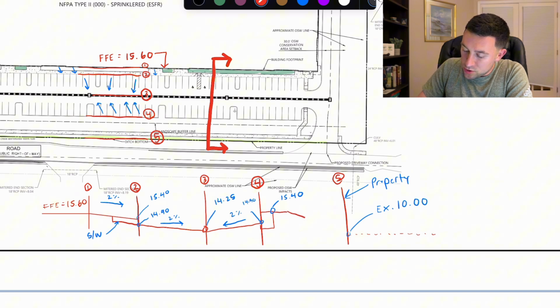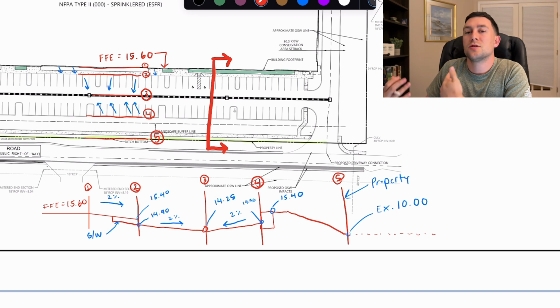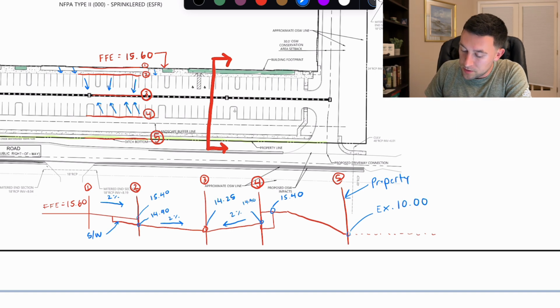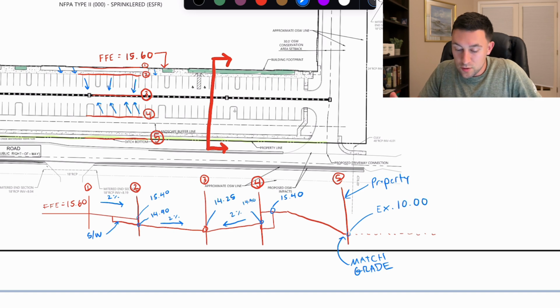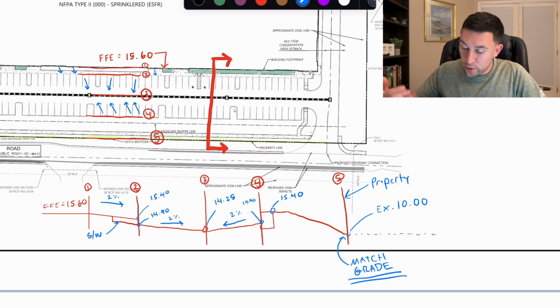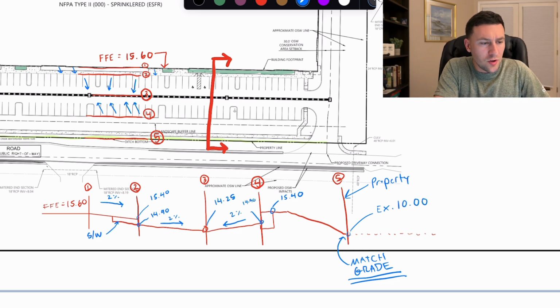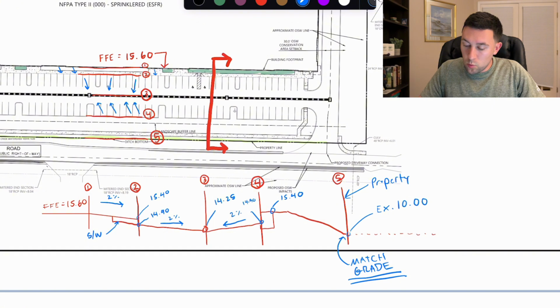And again, guys, we're trying to make sure and confirm that we can actually meet this existing grade at the property line. Because like I said in the very beginning, we have a 4-to-1 max right here. And what's kind of eating into our slope is this 2 foot flat. We have to maintain 2 foot flat. We have 35 feet to grade from 15.4 to 10, but we have the 35 feet minus the 2 foot flat. So we actually have 33 feet. So let's do that math. Let's understand what that slope is if we were to make this connection.